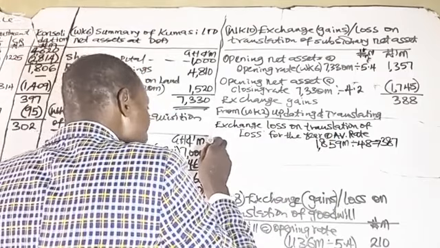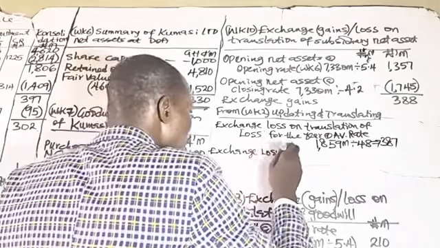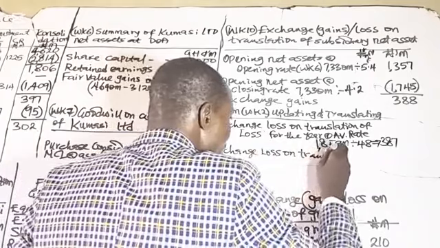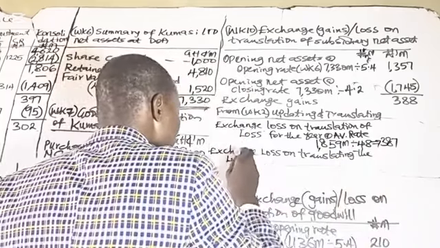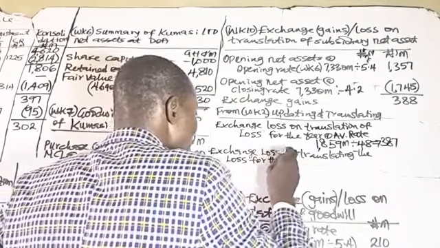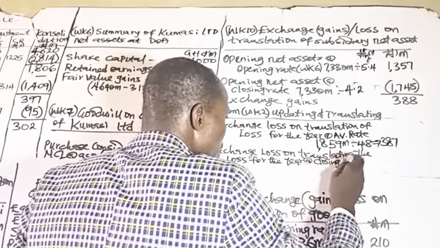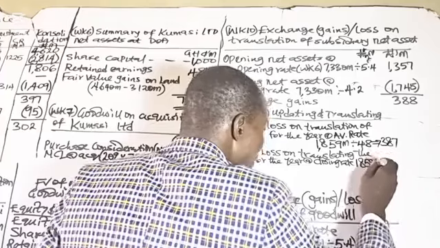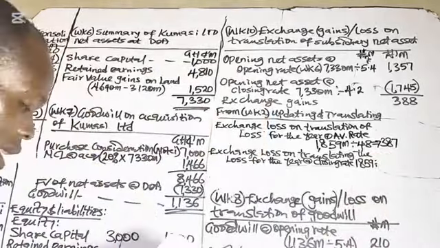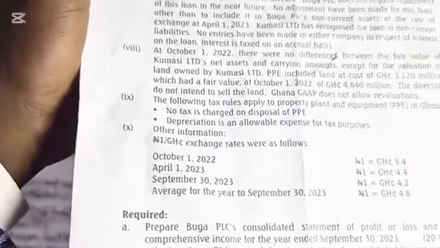Then exchange loss on translating the loss for the year at closing rate. The loss is 1,859 divided by the closing exchange rate. That is exchange rate at 30th of September, that is 4.2.